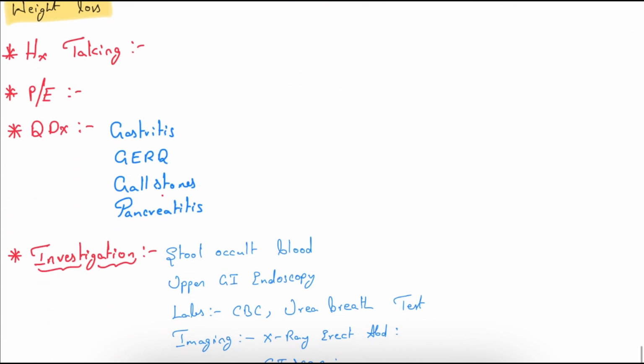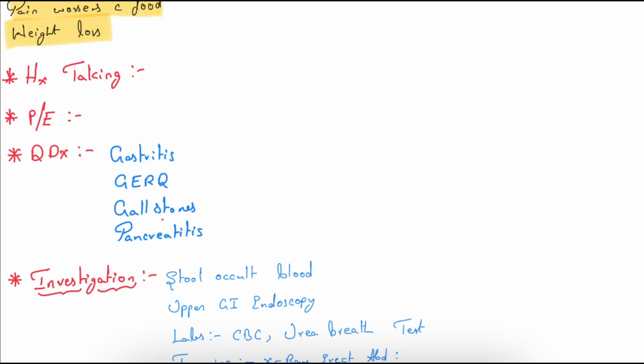Okay. Next, history taking. History taking is very important when a patient comes from the outpatient clinic, because history taking will guide you to an appropriate diagnosis and management. So how? We have to ask some key questions: whether the patient has prolonged NSAID use, smoking habits or alcohol habits, and anything related to the pain, like food.